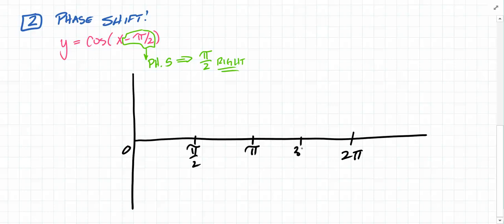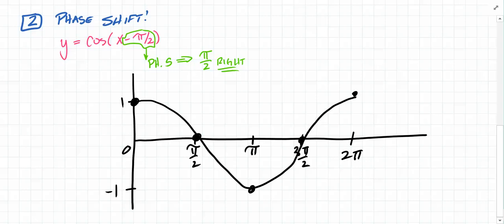Here's -1, and then there's +1. The normal cosine curve starts high, goes middle, goes low, middle, and then high again, okay? That's how we begin. It's a pretty sad looking curve, but you get the point. So the first thing I did was graph the parent function cosine of x. Everybody cool with that part?